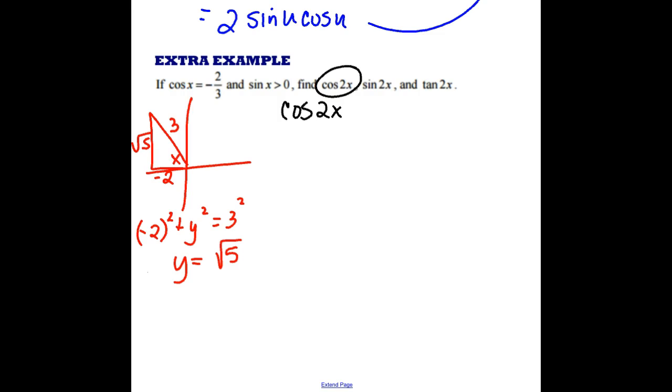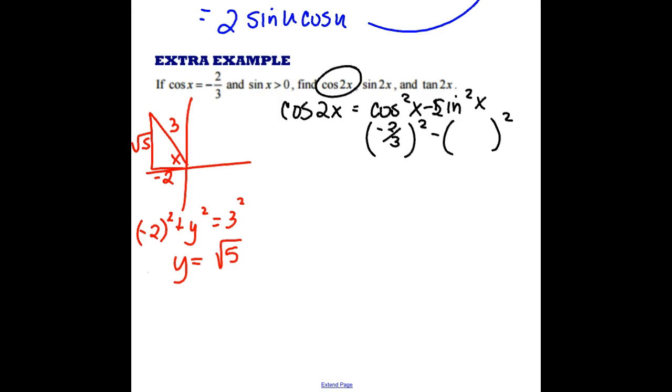All right, cosine of 2x. What's the formula we have for that? Okay, we have cosine squared minus sine squared as one option. Do we know both sine and cosine from our triangle? Okay, then we could use that one. All right, so it's going to be cosine squared of x minus sine squared of x. What's the cosine of x? Negative 2/3.